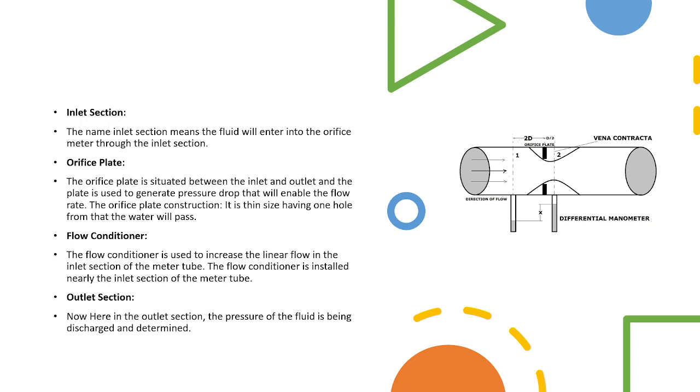Now let us go to the flow conditioner, where the flow conditioner is used to increase the linear flow in the inlet section of the meter tube. This flow conditioner is installed near the inlet section of the meter tube. Finally, you have the outlet section, where the pressure of the fluid is being discharged and determined.